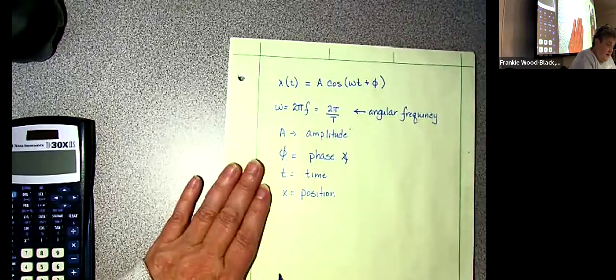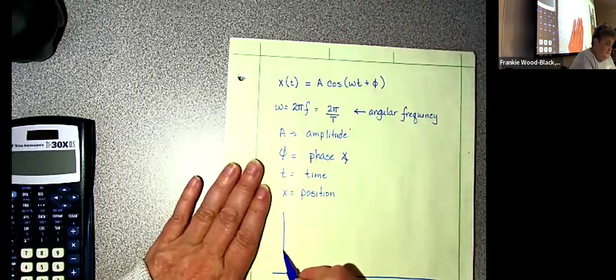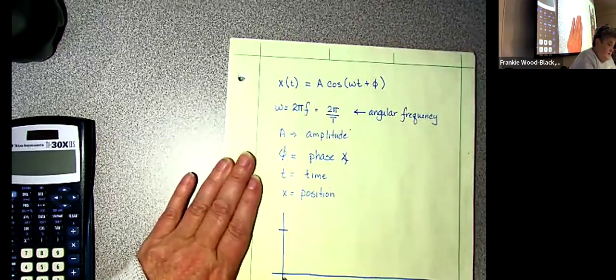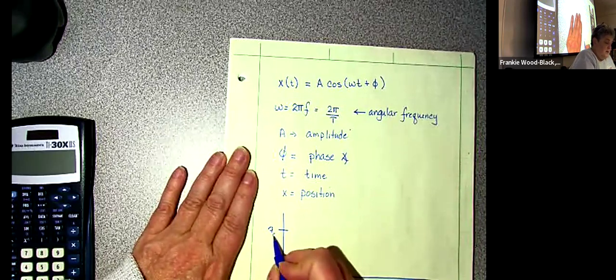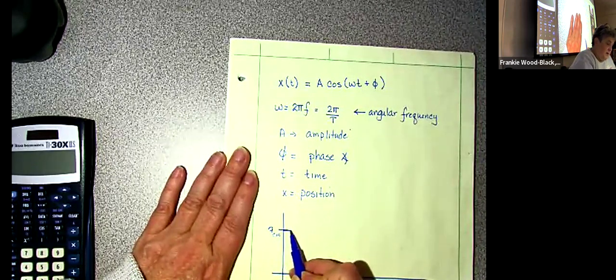So if I were doing an experiment, this is 7 centimeters. This is minus 7 centimeters. We're going to start up here.